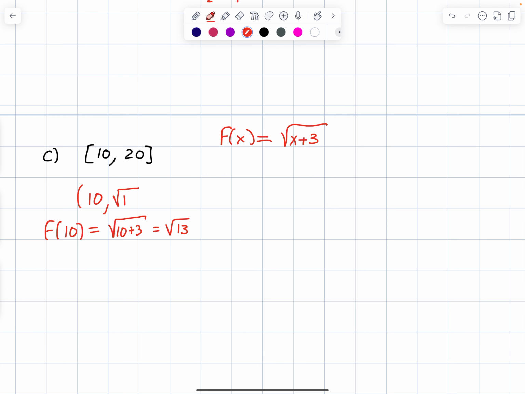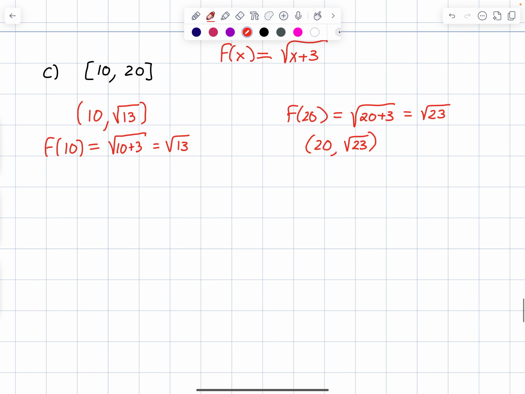We can't do anything with that, so we're going to leave it. Now we need to calculate f of 20. That gives me square root 20 plus 3, which gives me square root 23. So my other pair is 20 comma square root 23. There's nothing I can do with these values, we just have to keep them.